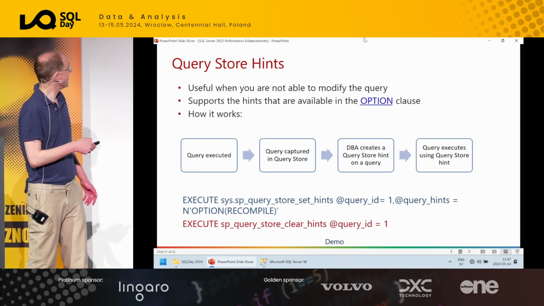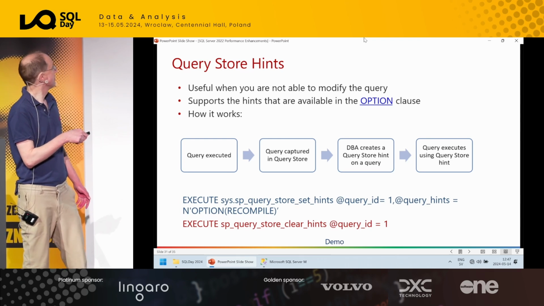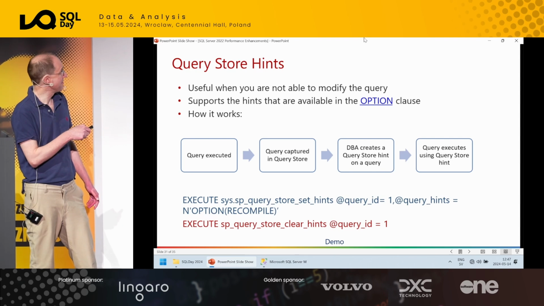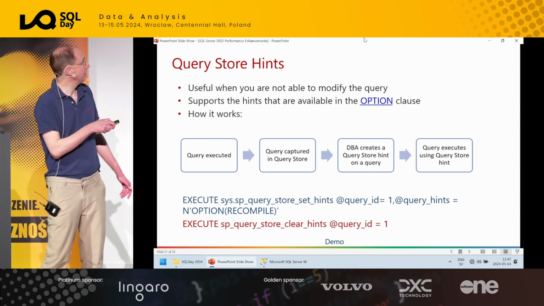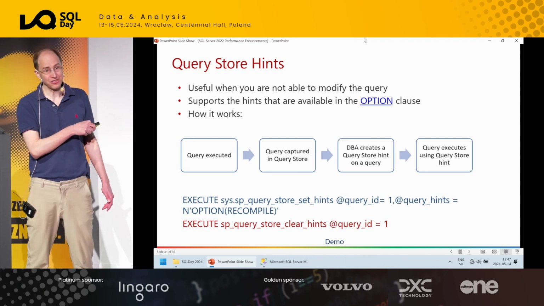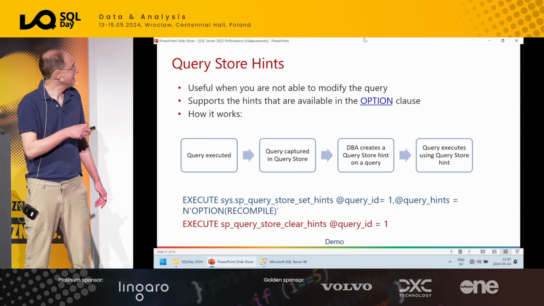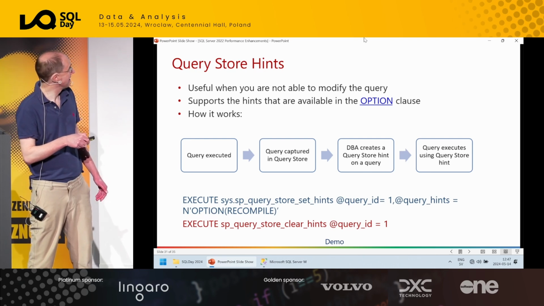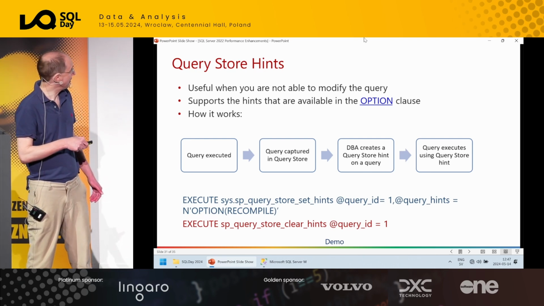So what you do is that you execute the query, or the query is getting executed by the application, and then you're probably already looking at the query in Query Store. And you can see the query ID there. Then you can create this kind of hint for the query. How you do it is that you execute the stored procedure like this.